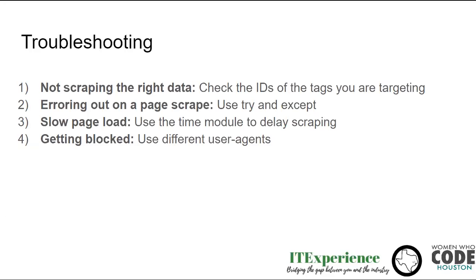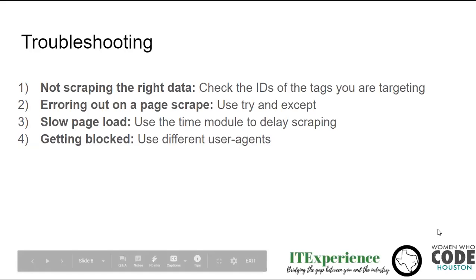If you have a list of user agents, and upon each request, use a different user agent in order to access the information, that might be a way to get around it. Another way is to use different IP addresses. Using a VPN that constantly changes the IP that it's searching with could also help you get around being blocked.